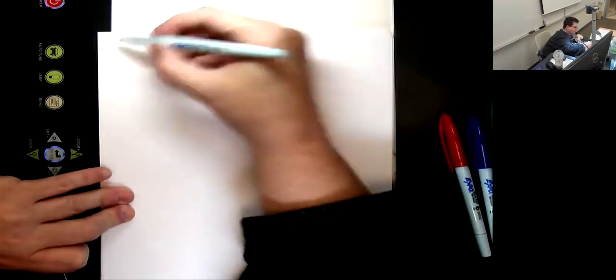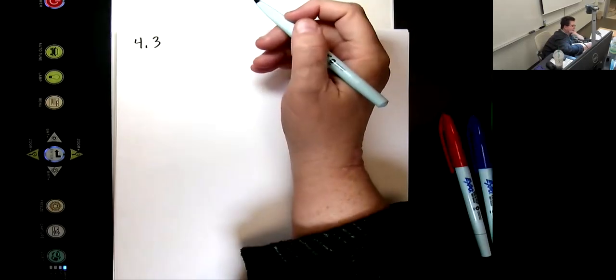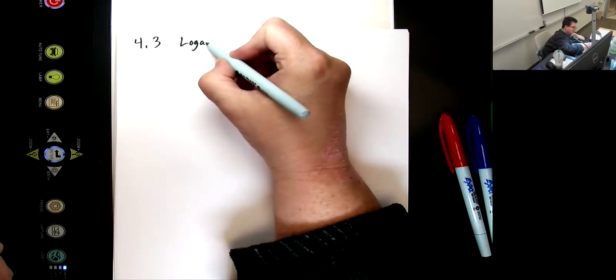All right. That's it for that section. Let's do 4.3. Well, we've done a lot already in 4.2. We just hadn't done any practice with functions. 4.3 is on logarithmic functions.